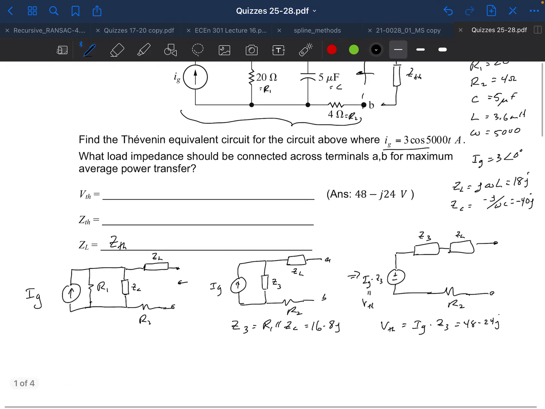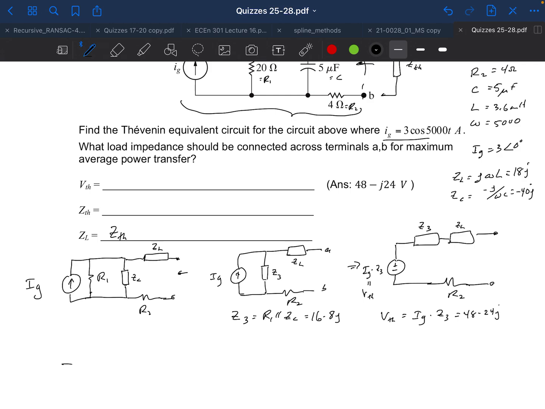And then I can say that this is all actually equal to VTH, and then I'm going to have a new impedance, which is these other three impedances. We'll call this ZTH, AB, where ZTH is going to be the series combination of these guys.